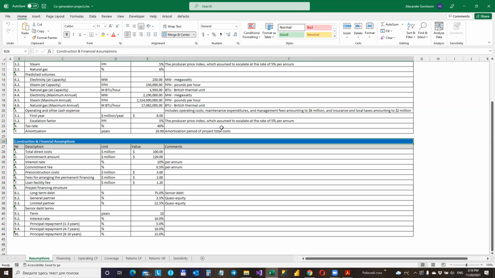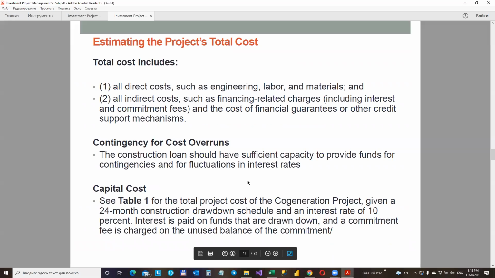The bank would receive a fee for arranging the swap transaction, which will have to be added to the project cost. So you can use a mechanism of mitigating this financial or interest risk. And come back to the presentation.